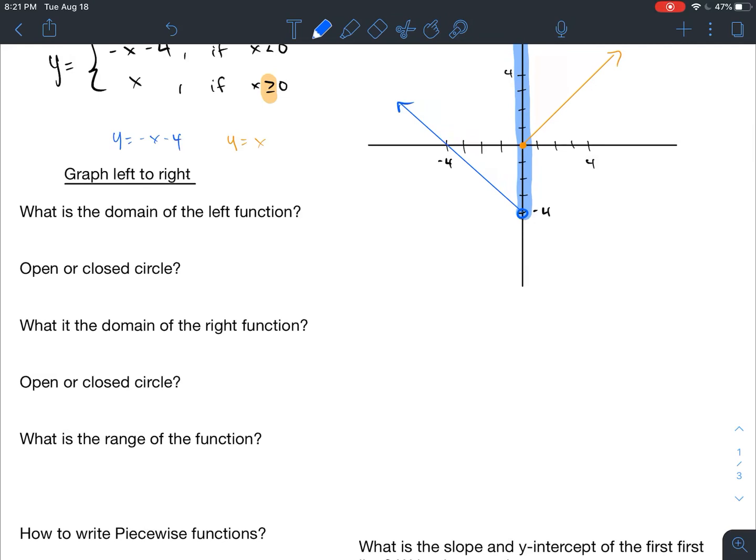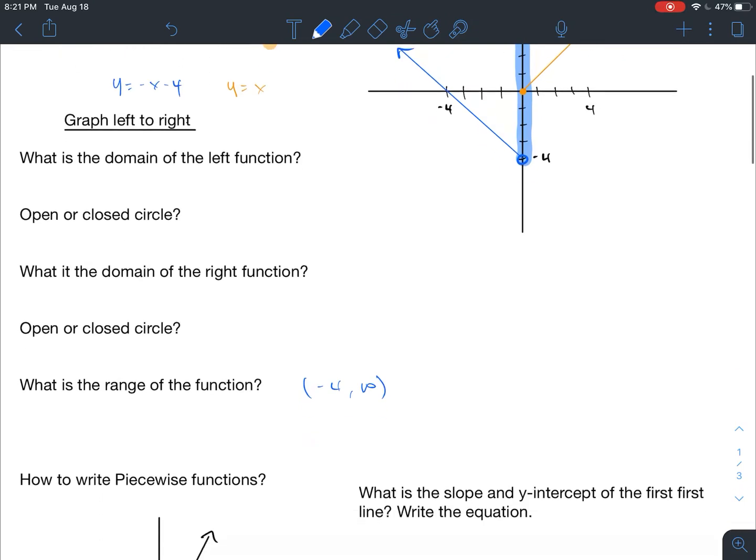It starts at -4, but is -4 included? And you can see that we have an open circle, so no, it is not. So we have to write a parenthesis instead of a bracket. So -4 to infinity. There you go. So here, I'm just going to go ahead and highlight that.